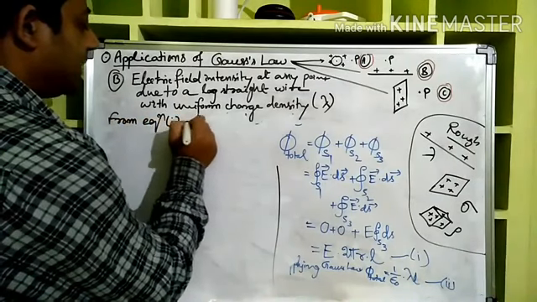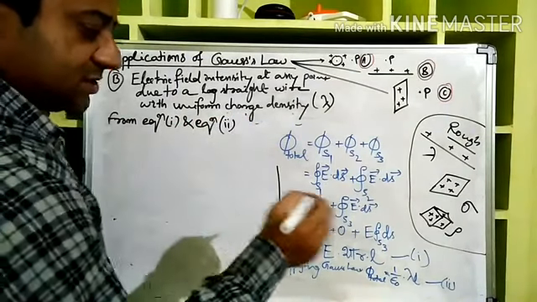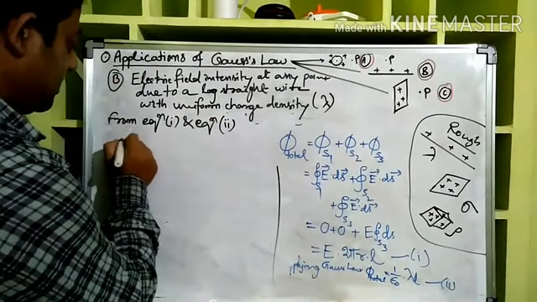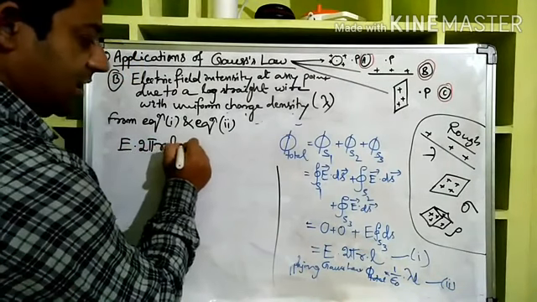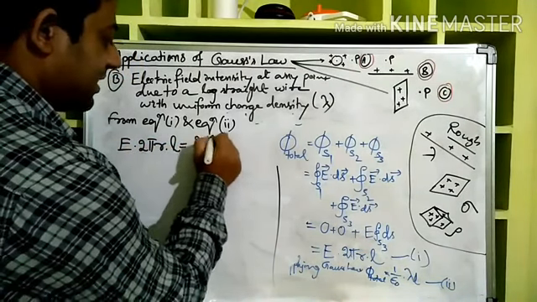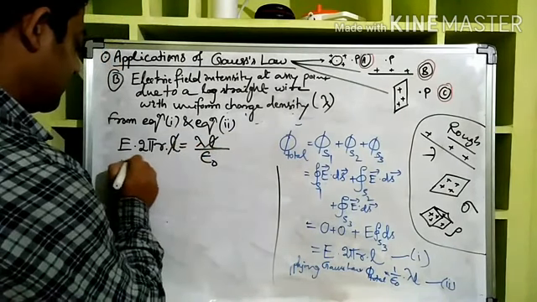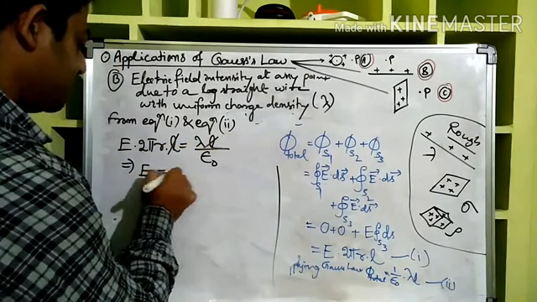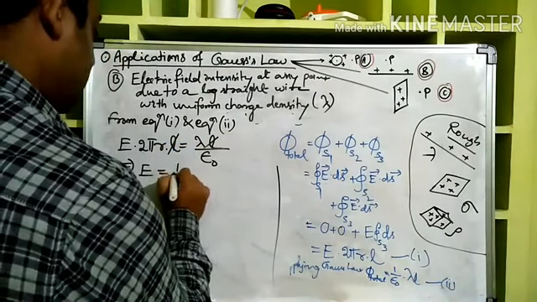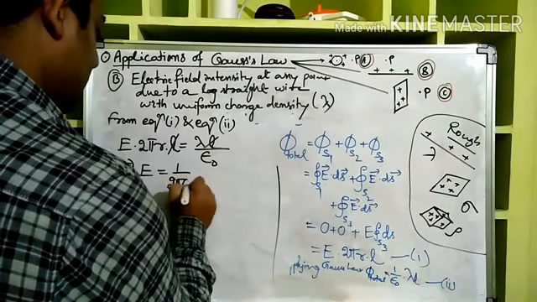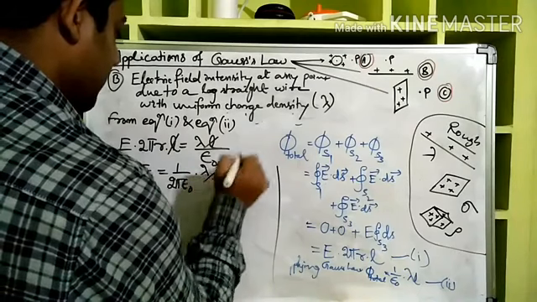From equation 1 and equation 2, just equate those two. E multiplied by 2 pi r into L is equal to lambda L by epsilon naught. L got cancelled. This implies that E is equal to 1 by 2 pi epsilon naught times lambda by r.